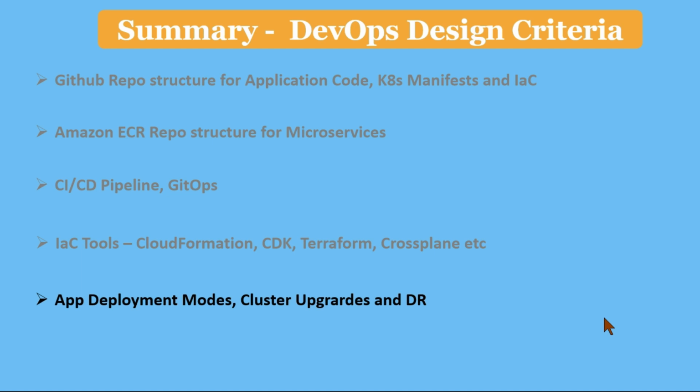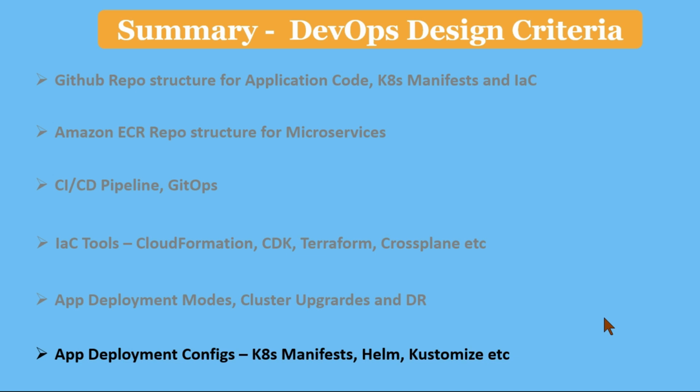You can use the rolling update, blue green, canary, and the DevOps team also normally keep a runbook of cluster upgrade instructions in terms of upgrading the control plane, data plane, core components, and any other additional controllers that you deployed in the cluster. And also have a strategy for the DR, whether you have active-active, active-passive, active-standby DR patterns, depending upon the criticality of the business applications.